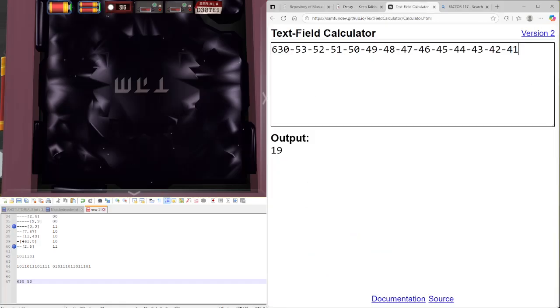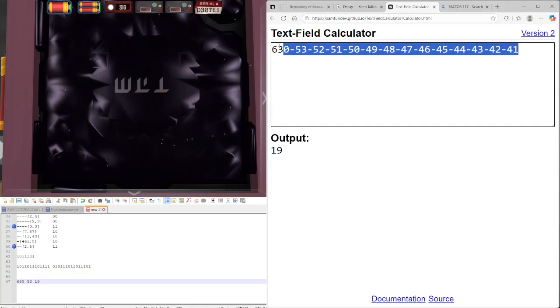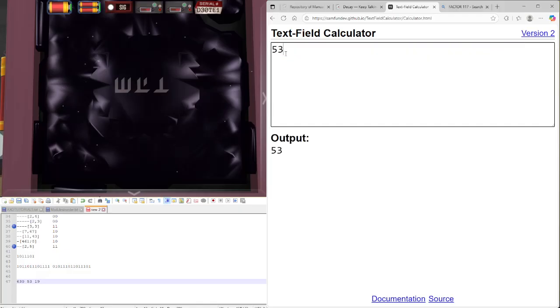So that will give us 19. Three minus 19 plus 18. 16. 19 minus 16. 3. 16 minus 3 minus 2 minus 1 plus 0. So the last one's 0.